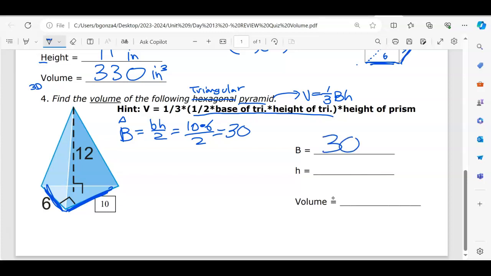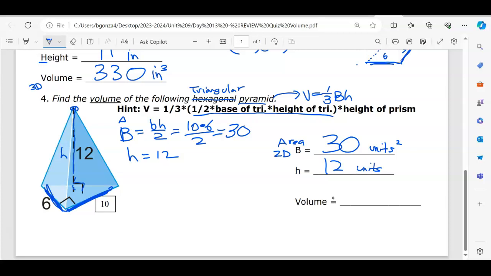Okay, 30. My units of measure are just units squared. The height from the tippy top straight down to make a right angle, that's the height. The height is 12 units, regular units. Remember, this one's area, so it's 2D, so it's squared.